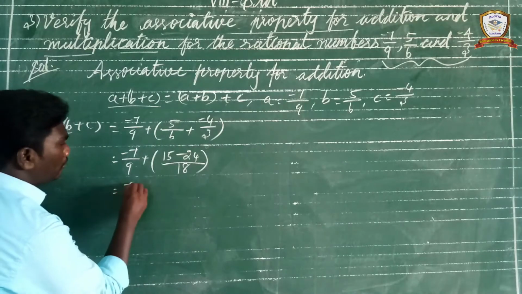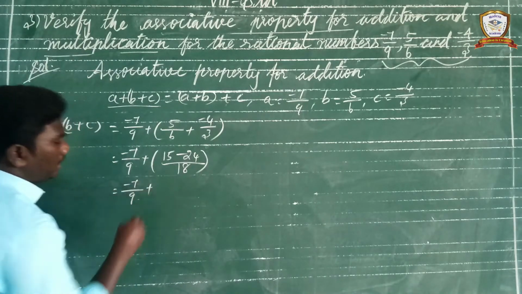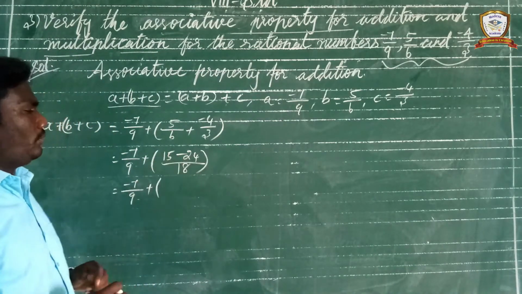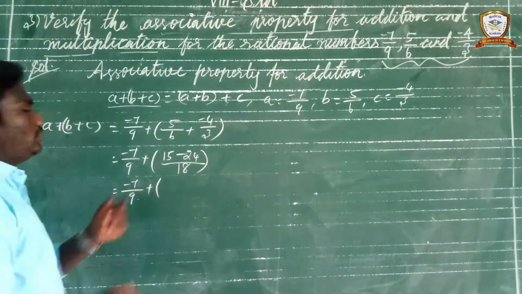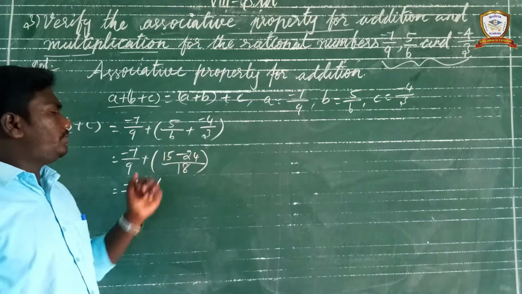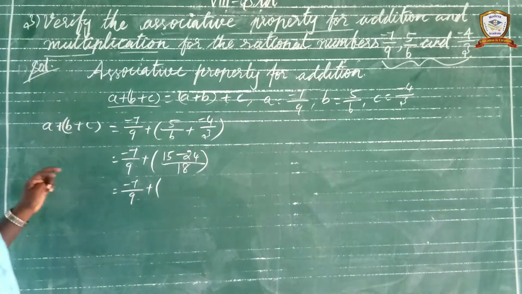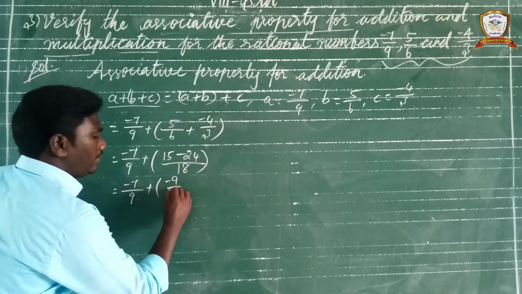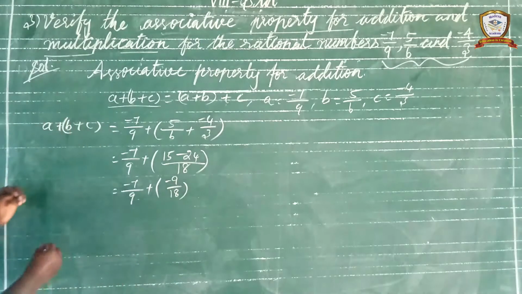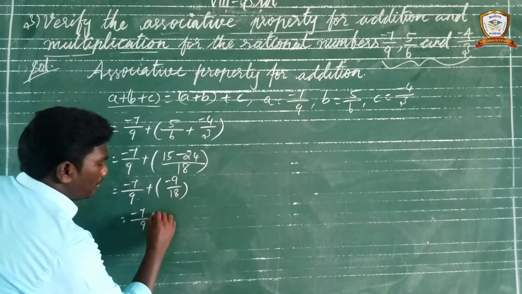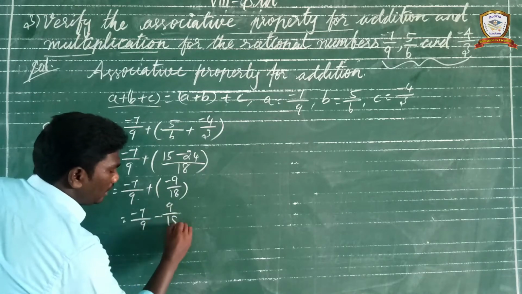The next, minus 7 by 9 plus of 15 minus 24. Both have different signs, so we subtract: 24 minus 15 is 9, and the bigger number's sign is minus, so minus 9 divided by 18. Okay, are you clear?